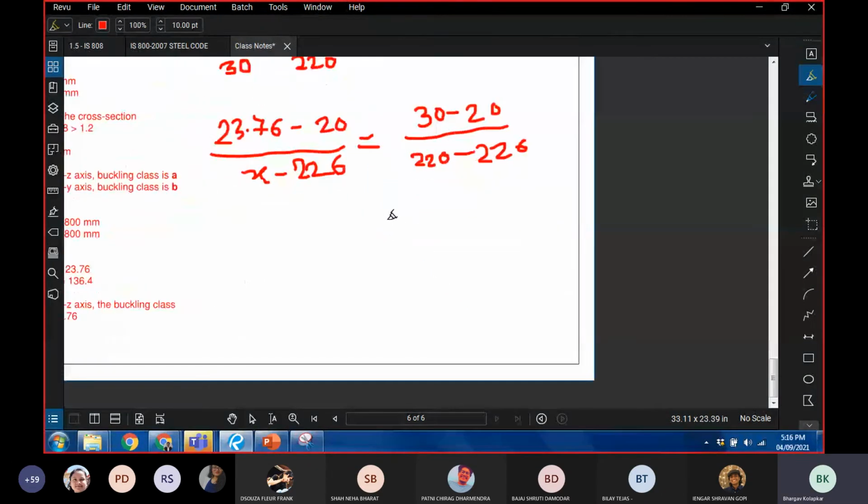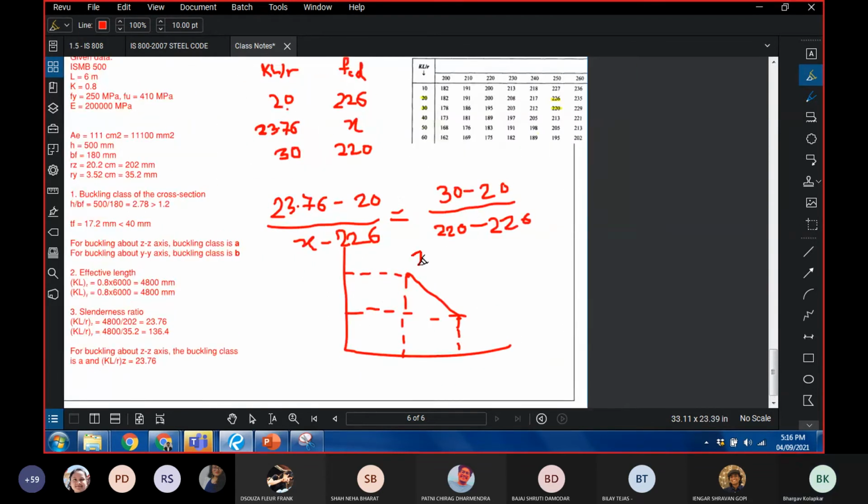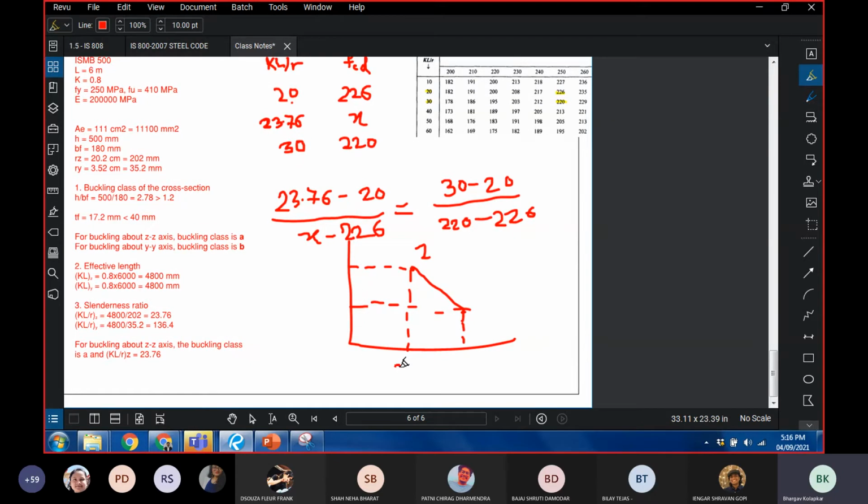Or if I have to graphically tell you what we are doing, let us say this is our graph between KL upon r and fcd, with KL upon r on the x-axis. Let's say this is 20, this is 30.